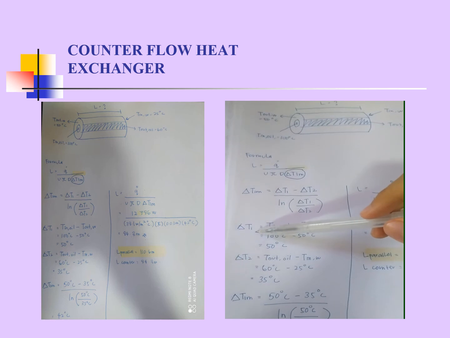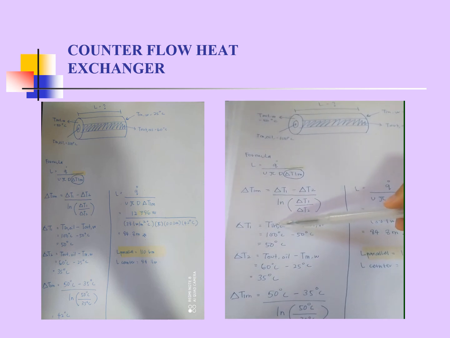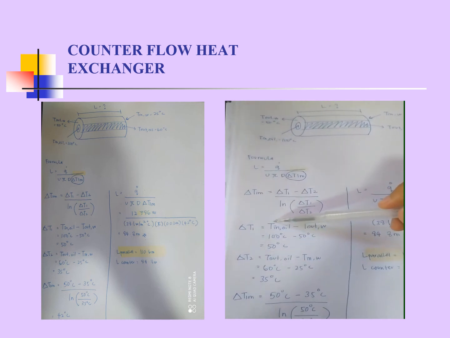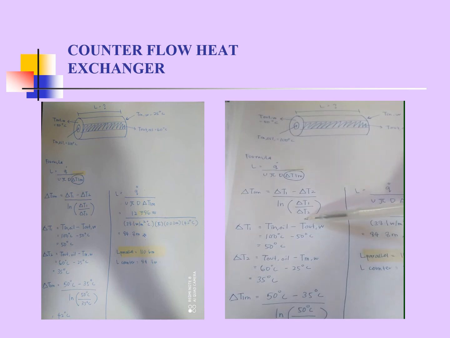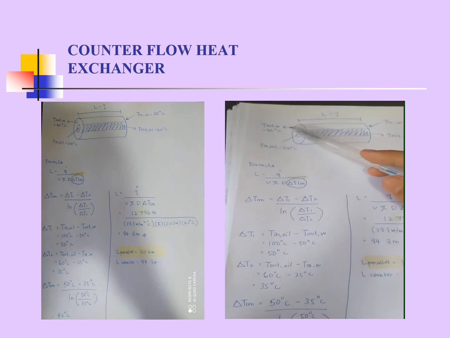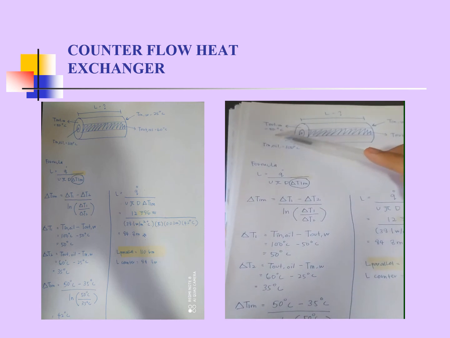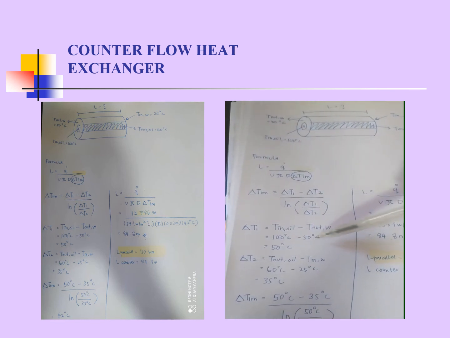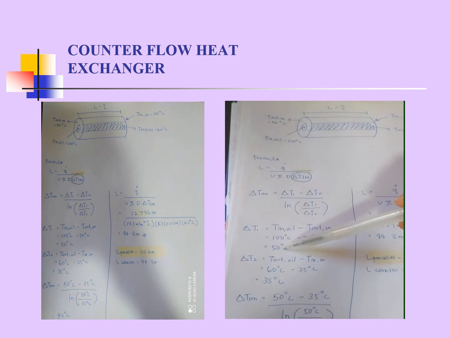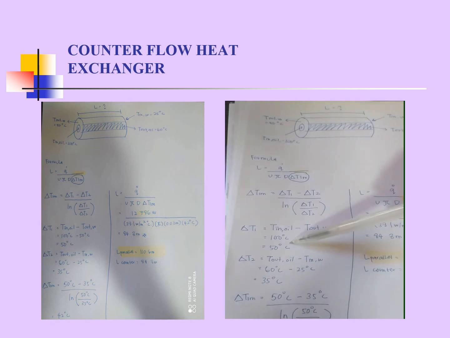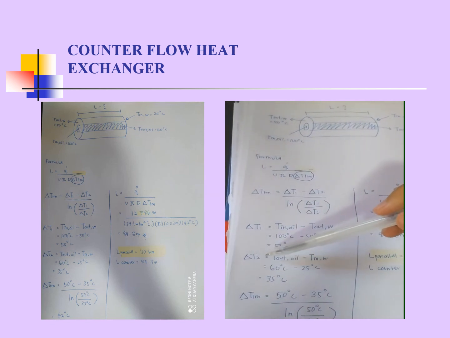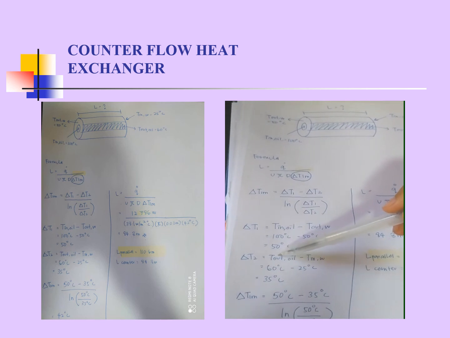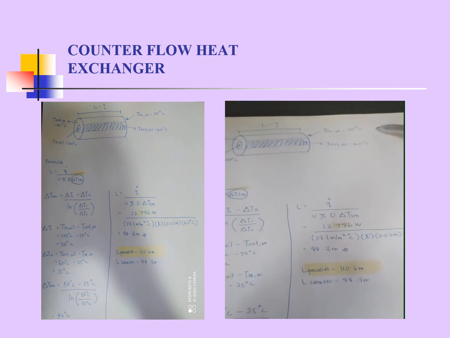For delta T1, it is T in oil minus T out water. So 100 degrees Celsius minus 50 degrees Celsius, and the answer is 50 degrees Celsius. Delta T2 equals T out oil minus T in water.